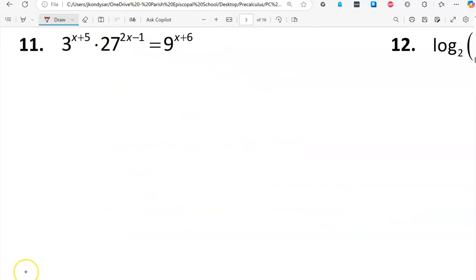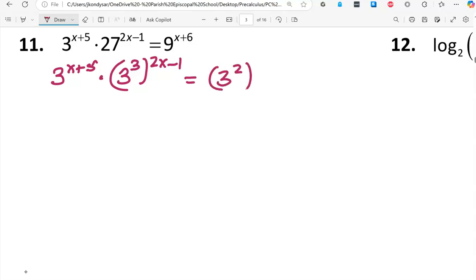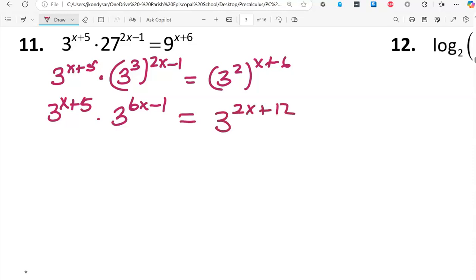In number 11, we can re-express each of these with common bases, base 3. So 3 to the x plus 5 times 3 to the third raised to the 2x minus 1 is equal to 3 to the second power raised to the x plus 6. Power to a power, we multiply those exponents, so that's 6x minus 1 and 2x plus 12.